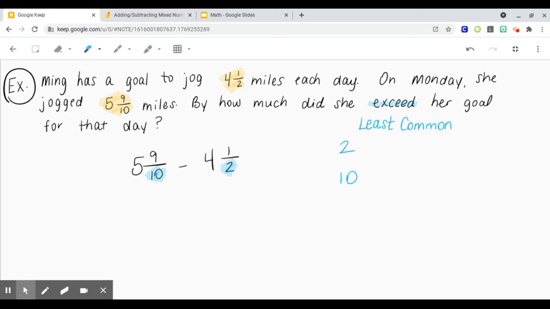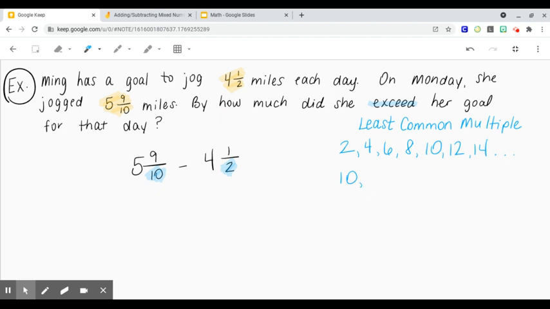The acronym for this is LCM. We want to think about the multiples that 2 and 10 have in common, and then that least common multiple will become our common denominator. Multiples, when we're in 5th grade, guys, are so easy to do. We've been learning how to skip count for years. When we do the multiples of 2, we know we got 2, 4, 6, 8, 10, 12, 14, and so on.